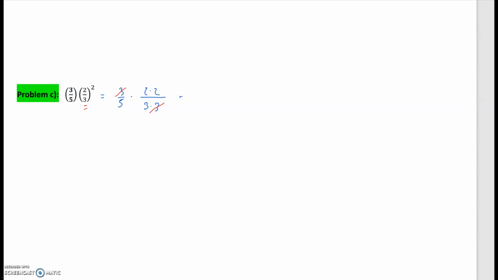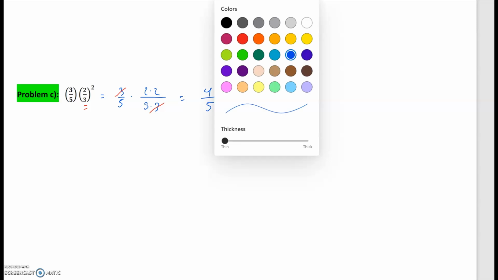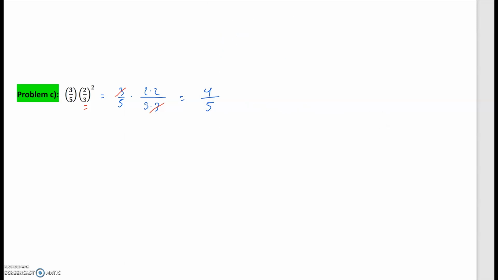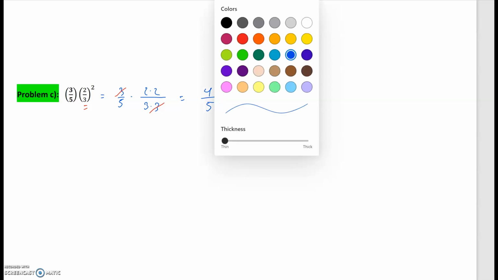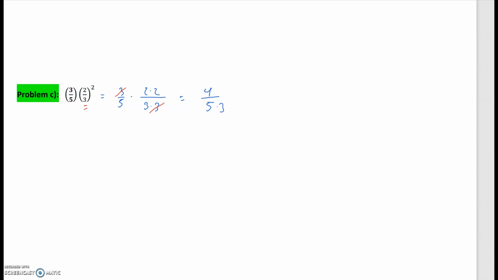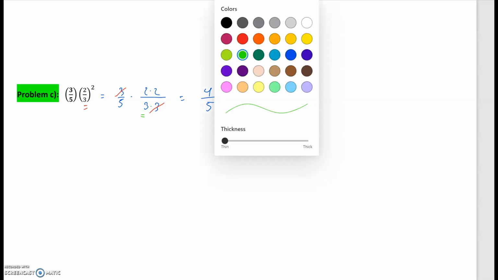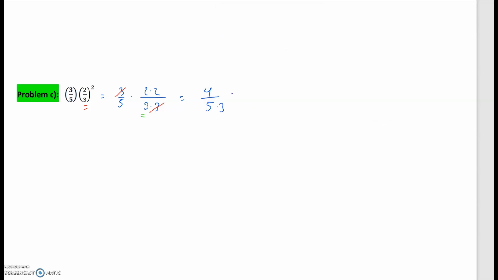And then on this one, we're left with 4 over 5, 4/5. Actually, wait, there's still a 3. So I forgot there's a 3. So 5 times 3. Give me just a second. And I'm looking at this actual 3. So we're going to be left with 4/15.